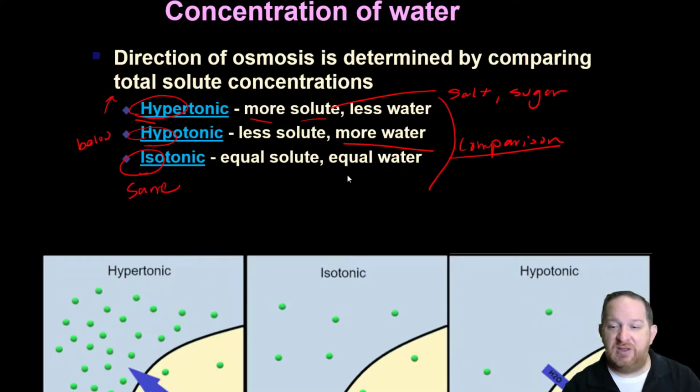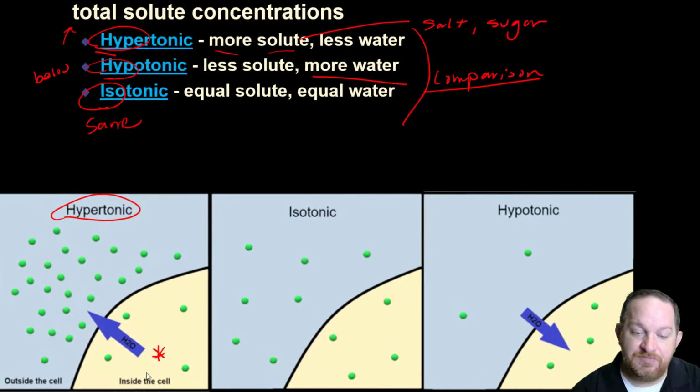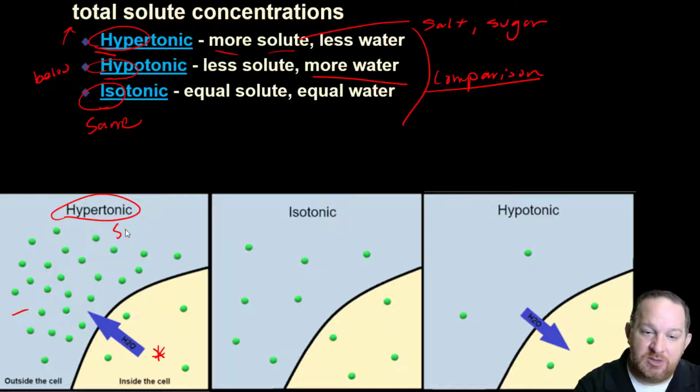So let's take a look at some examples here. So in a hypertonic solution, all right, here's our cell. Inside the cell, over here is outside the cell. So the solution outside the cell that the cell is sitting in, in this case, is hypertonic. Notice that it has more solute than what's in here.